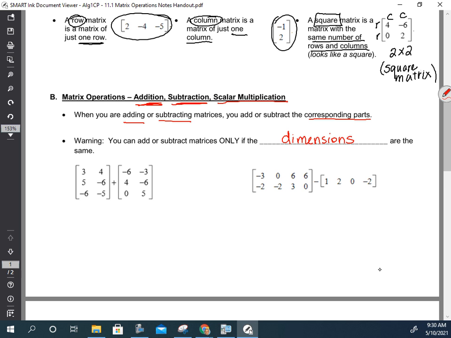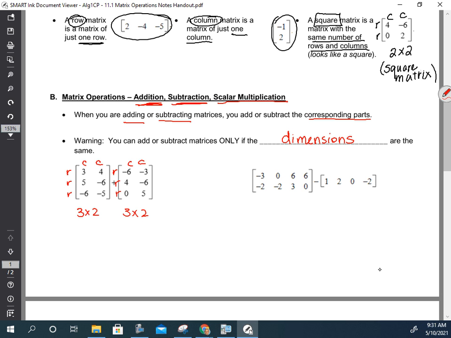Again, think of a matrix as a table. You can only add two tables if they have the same number of rows and the same number of columns. So for example, this first setup, you have 1, 2, 3 rows, 2 columns. The second one has 1, 2, 3 rows, 2 columns.